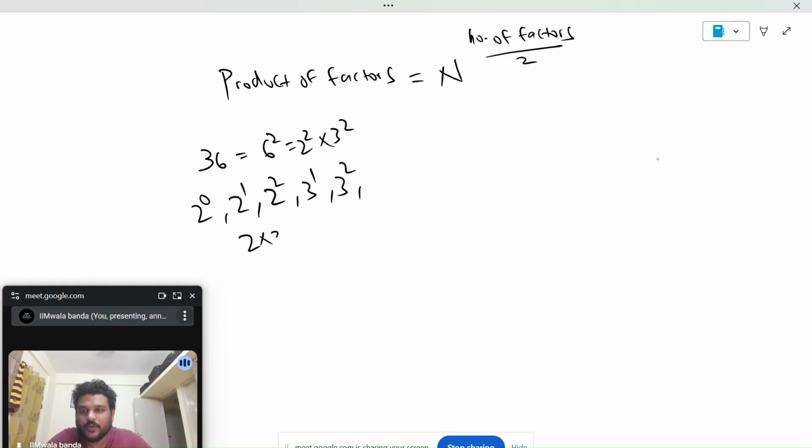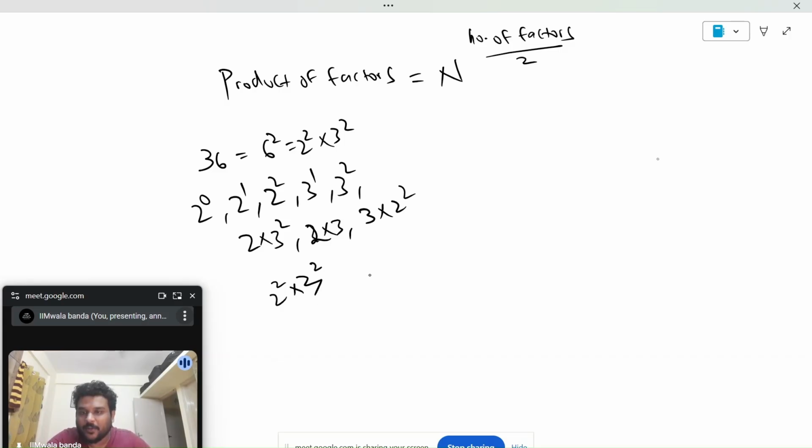We got 2 into 3 square, 2 into 3. We got 3 into 2 square. So 1, 2, 3, 4, 5, 6, 7, 8. Which one is left? We got 3 square into 2 square. That is remaining, right? 3 square into 2 square.